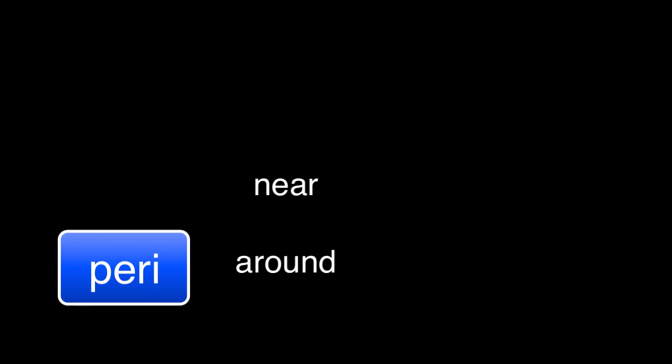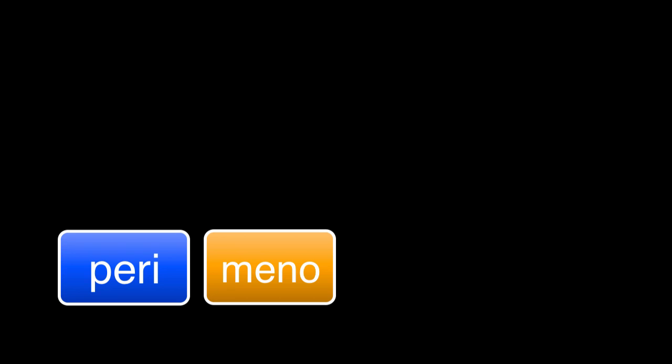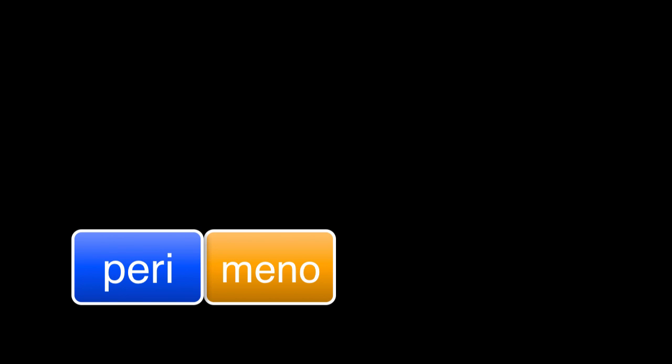If we stick that to the beginning of meno, so we said that meno means I stay or I'm staying, firstly, how will it sound if we stick peri to meno? Perimeno. Perimeno, good. So perimeno, around stay, means I wait or I'm waiting.